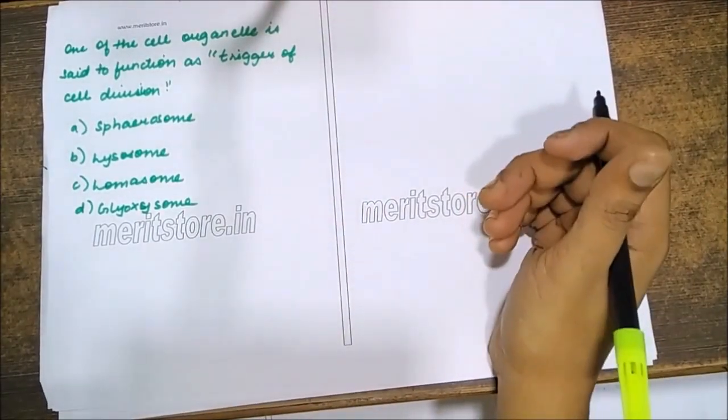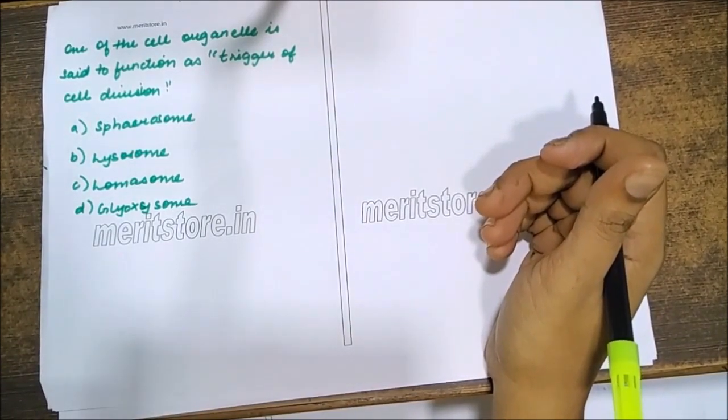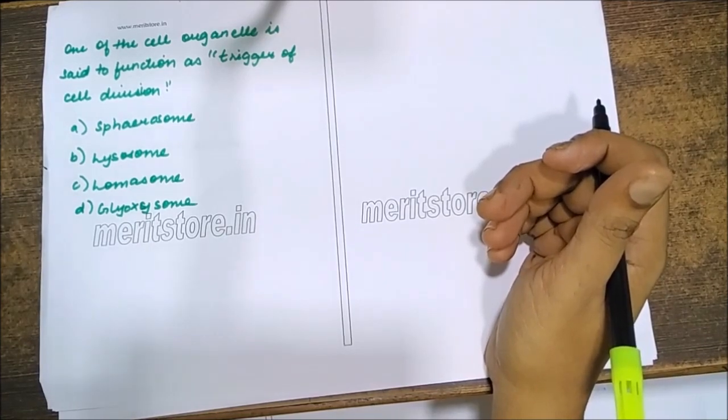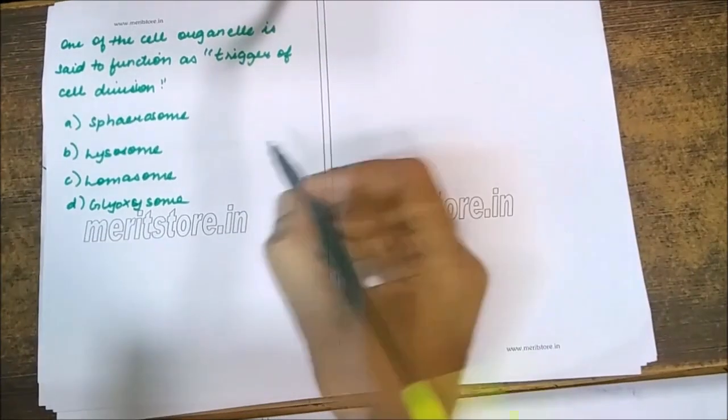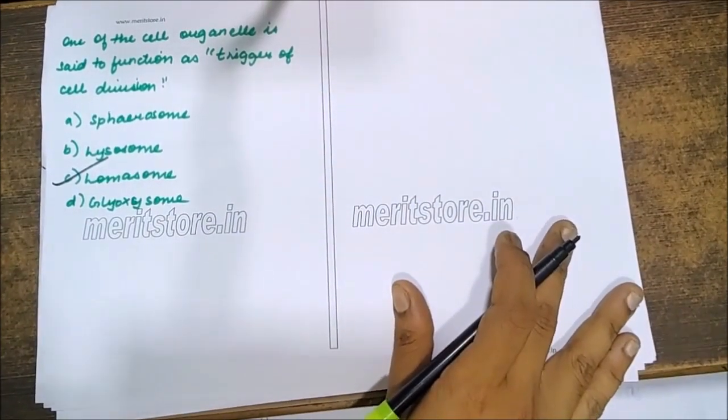One of the cell organelles functions as the trigger of cell division. The answer is lysosome. Alright. Next.